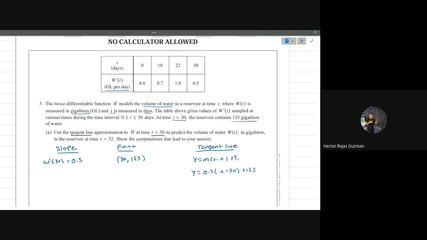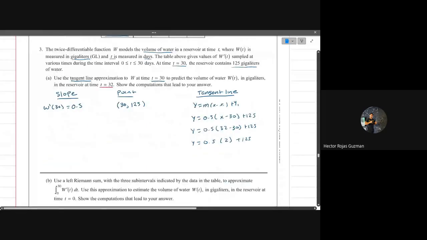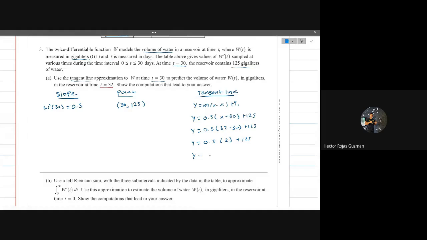Next, we're going to go ahead and plug in the 32. y is equal to 0.5 times 32 minus 30, plus 125. Just go ahead and simplify this down. 0.5 times 2, that's a 1. 1 plus 125 is 126.